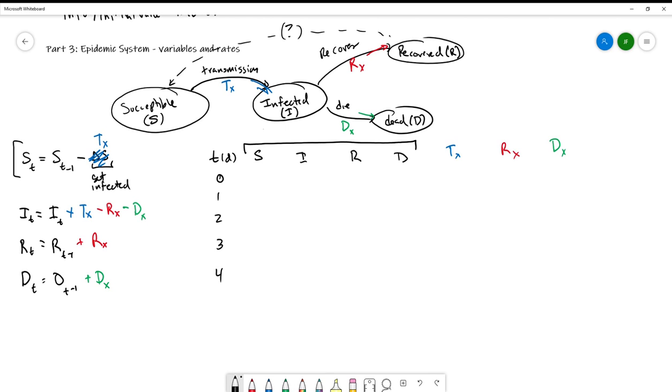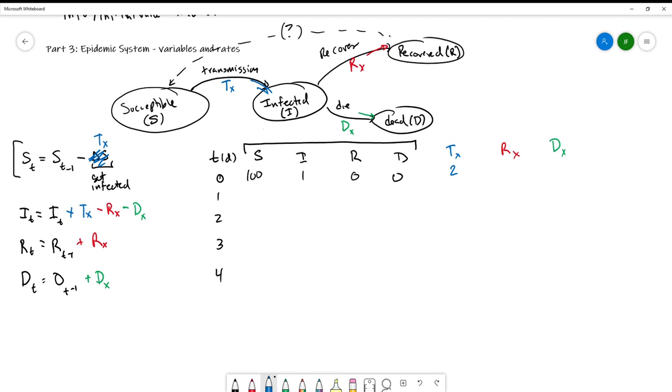And you can imagine how this will look based on what we did with the falling brick before. If we start with a susceptible population of 100 people and 1 infected person and 0 people in these other categories, that one person may transmit the disease to 2 others in the first day through contact, through sneezing, however it is that this disease is communicable.